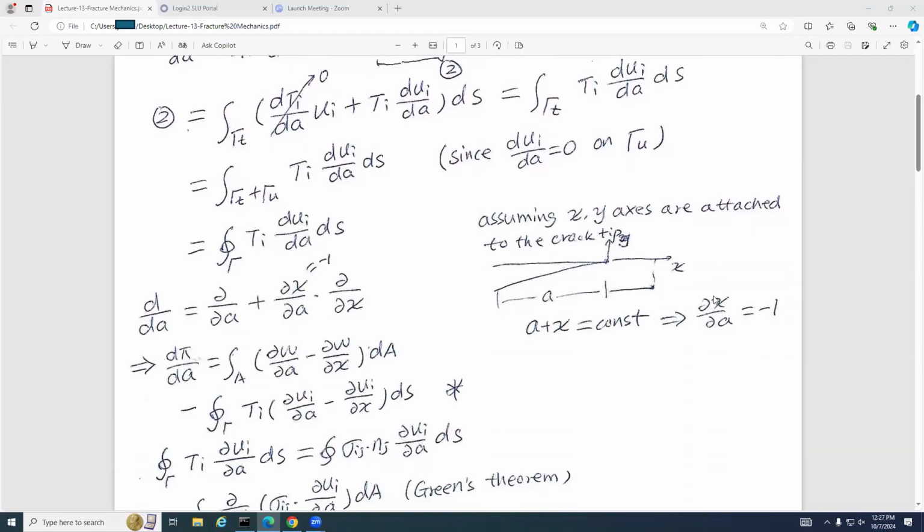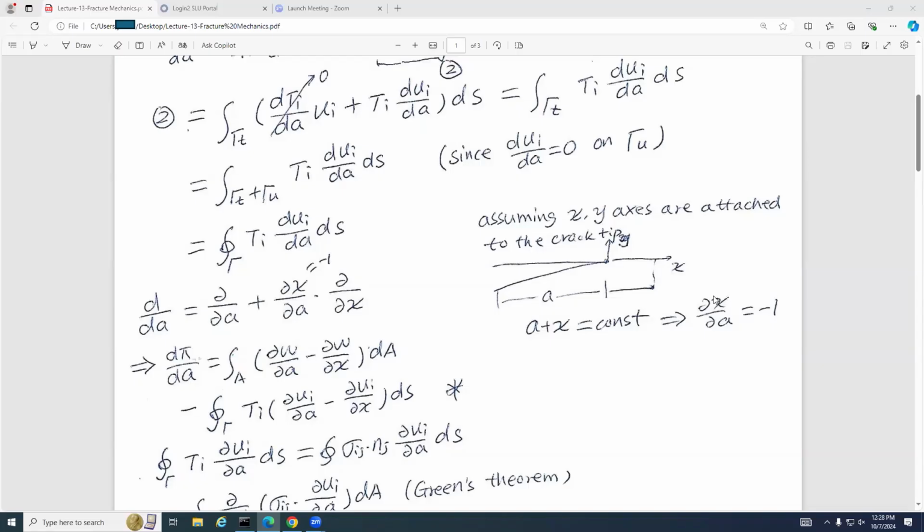So this is gamma t. As I just told you guys, for gamma u, t equals 0. On the boundary points where the essential boundary conditions are prescribed, the natural boundary condition equals 0, so no traction.